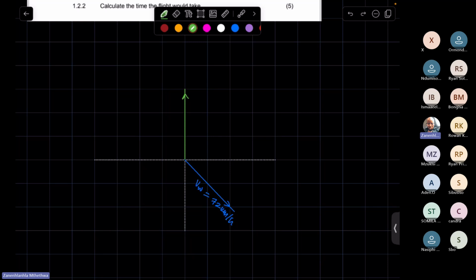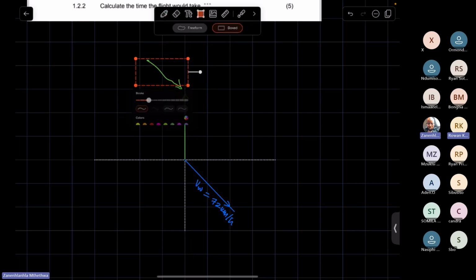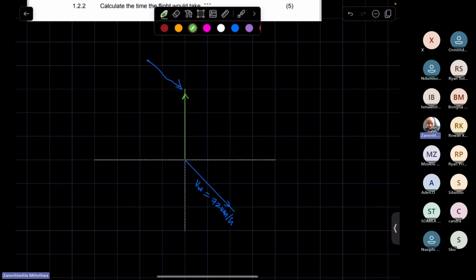Because this wind vector is going in that direction, it would push the plane in that direction, hence the plane would end up somewhere there, which is not directly north. Am I making sense here?